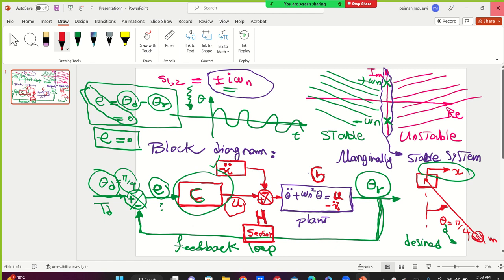This real temperature is being sensed by the sensor, sent to be compared with the desired temperature. You're gonna have an error signal going to the controller, and this loop continues until your desired temperature equals your real temperature. You got the picture? Yes, guys? Great. Okay. Now you got the big picture.